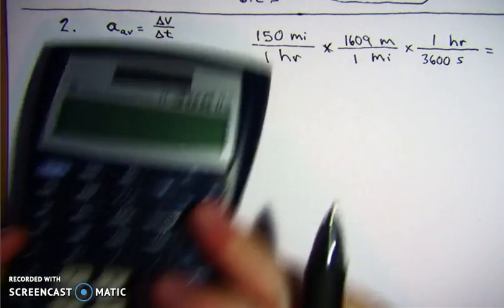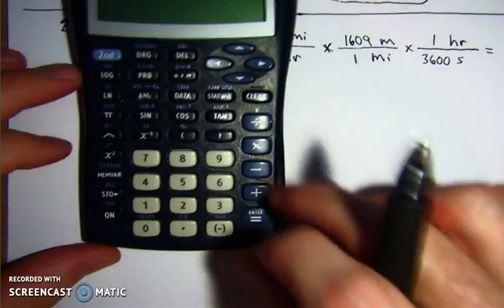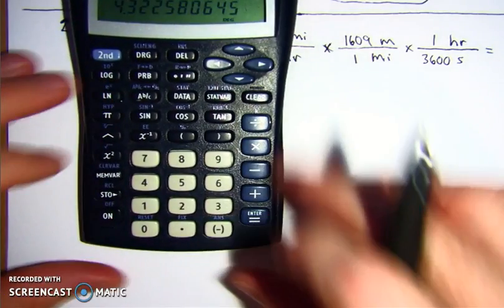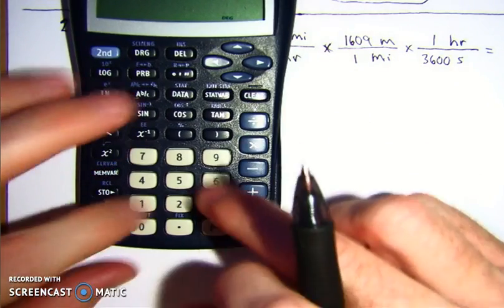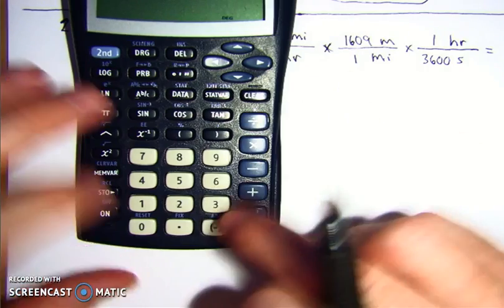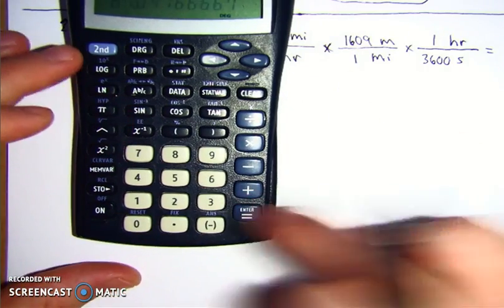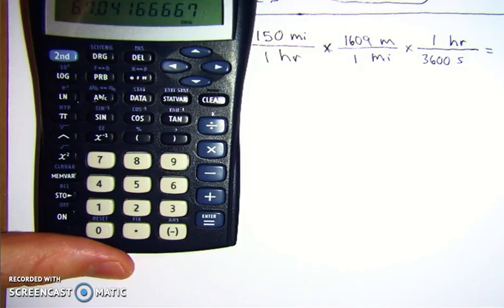And if we do our math here, 150 times 1609, let's turn the calculator on first, divided by 3,600 equals 67.0 meters per second.